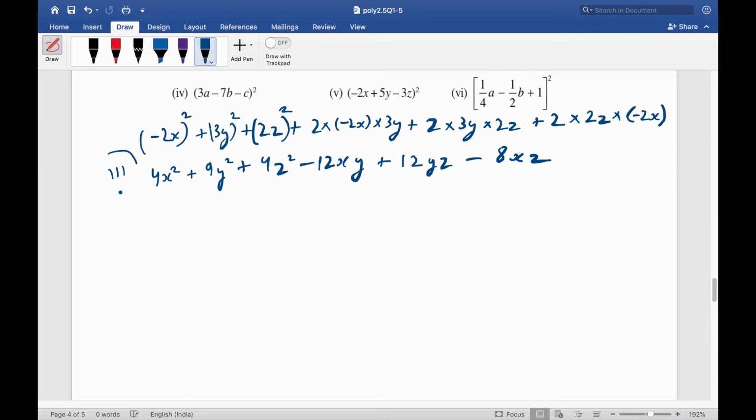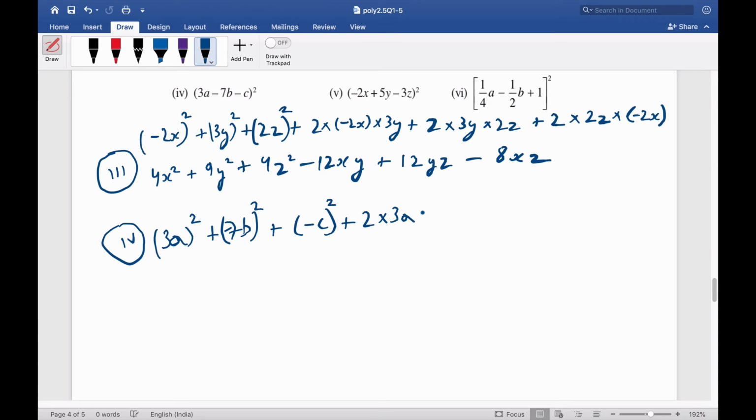Moving to the fourth part, this is the third one. Now the fourth part, we will have 3a whole square plus 7b whole square plus, sorry, we'll have to put the negative sign inside, plus minus c whole square plus 2 into 3a into minus 7b plus 2 into 3a into minus c, and then plus 2 into minus 7b into minus c.